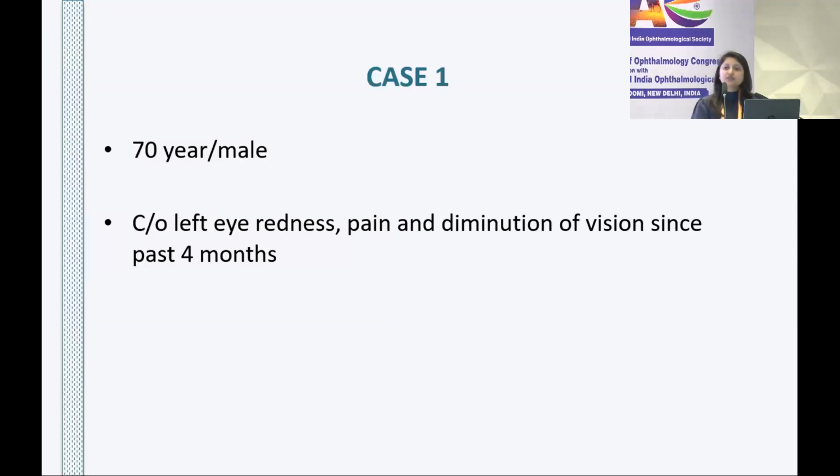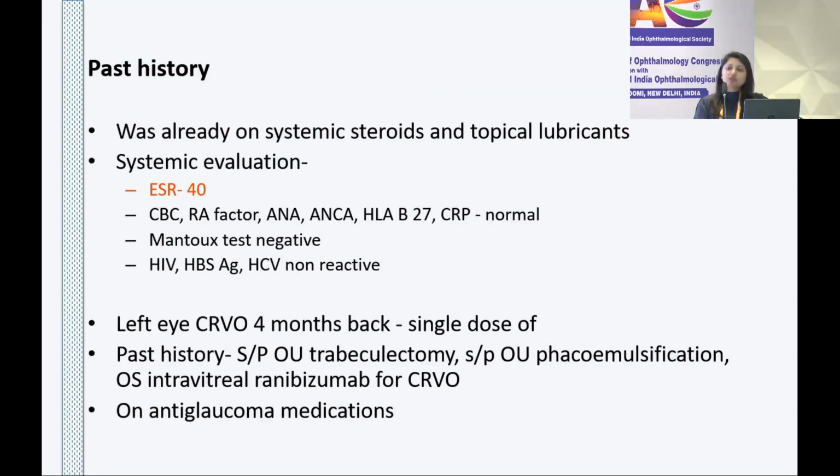The first case is of a 70-year-old male who presented to us with redness, pain and diminution of vision in the left eye since the past 4 months. He was already on systemic steroids and topical lubricants when he presented to us, and his systemic evaluation from elsewhere had a raised ESR, but the other tests were within normal limits.